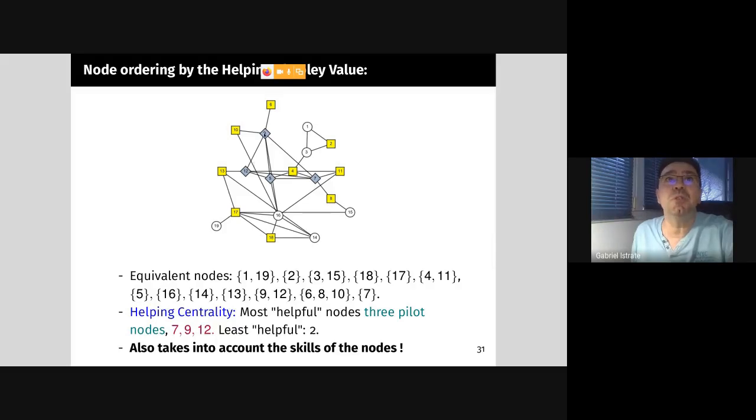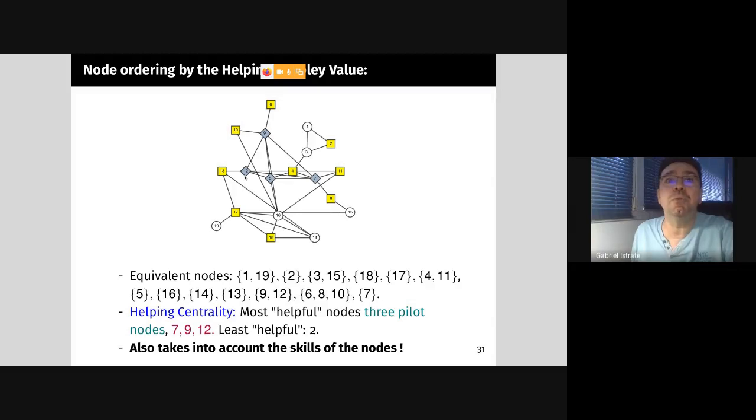That's because, for instance, 9 knows 2 people with martial arts and a pilot, or it doesn't even need a pilot. The 2 people with martial arts and the node itself can start an attack. So basically, these 3 nodes, 7, 12, and 9, are the most helpful.